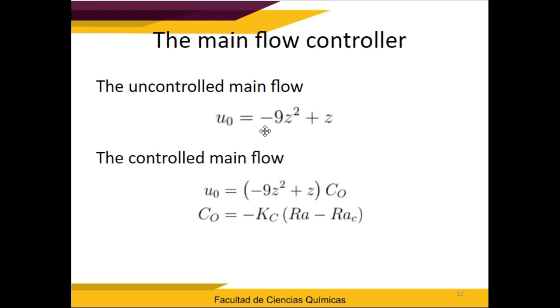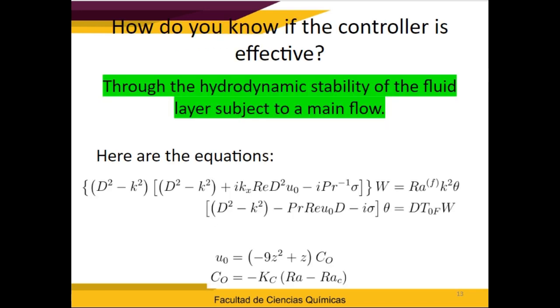Also, since the idea is to use the top wall motion to control the marginal convection conditions, U0 can be used to form an expression for a proportional controller. This controller, as we mentioned before, shall make a decision on setting the top wall in motion based on this expression for CO, which is the controller output signal. So far, the idea to control the convective motions has been presented.